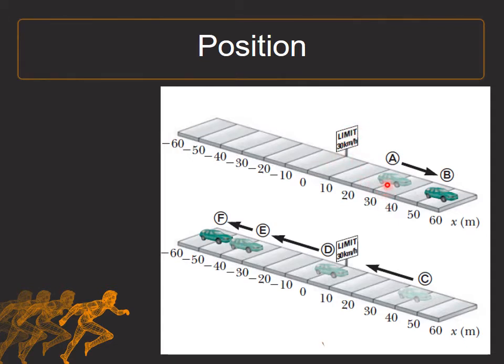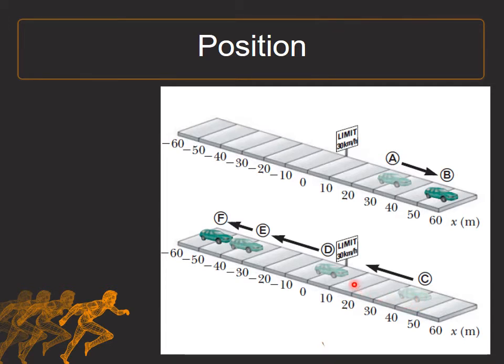our position A with respect to this point is 30. Our position B is maybe around 55 meters. Our position C in the second image or figure is maybe 40. It's not specified, but it's along 40 meters.